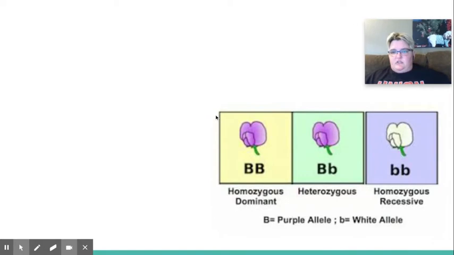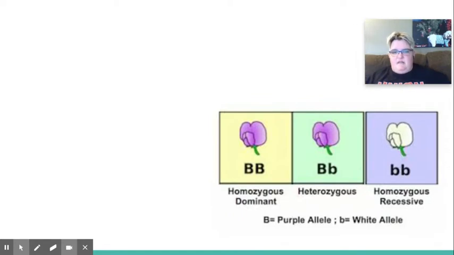We talked earlier about how he focused on things like height. Well, height is separate. This is a different trait. This is the color of the flower, and what he noticed is that the purple flower seemed to be more dominant. It was the one that seemed to be more common.